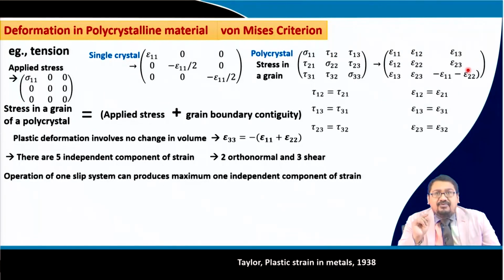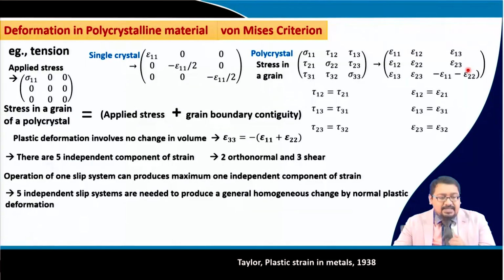So, operation of one slip system, as it occurs in case of a single crystal, will produce only one component of strain, right. And therefore, at least 5 independent slip systems will be needed to produce a general homogeneous change by normal plastic deformation.